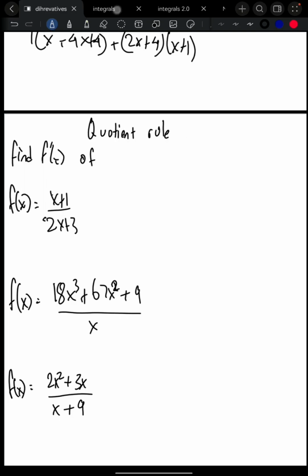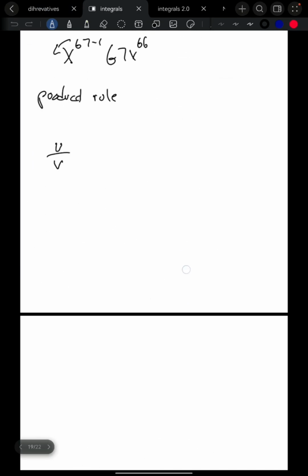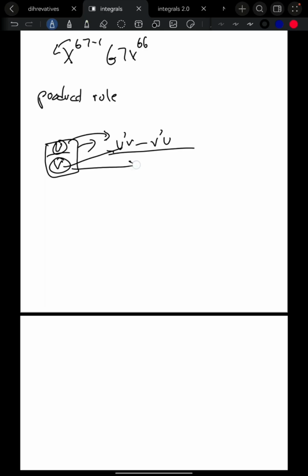The better way is the quotient rule. If you have a function u over v, take the derivative of the first one, u prime, and multiply by v. Minus the derivative of the second one, v prime, times u, and then divide by v squared. That's it.